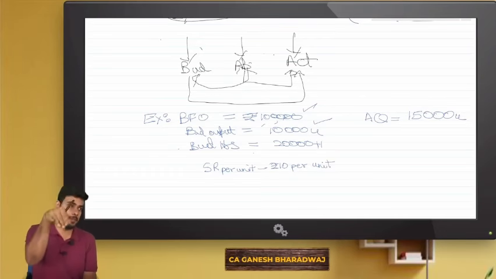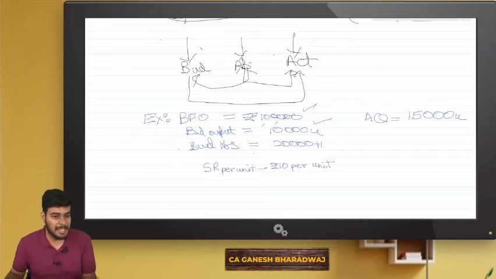Suppose I am going by labor hour basis, what is my standard rate per hour? 1 lakh divided by 20,000. That is rupees 5 per hour.